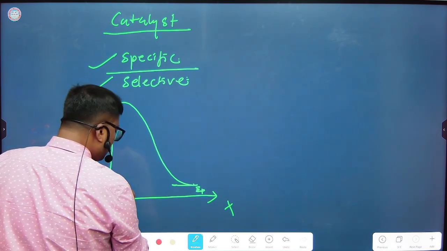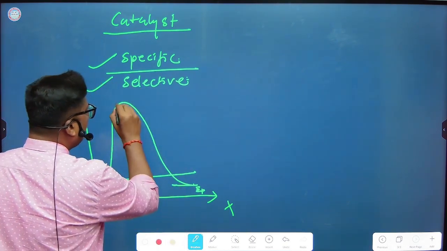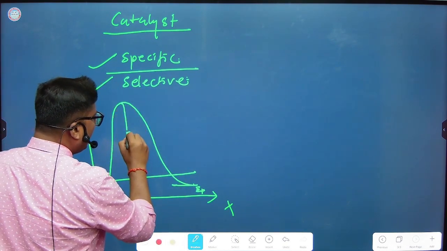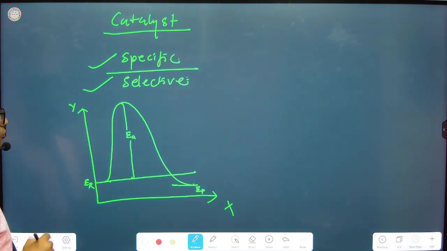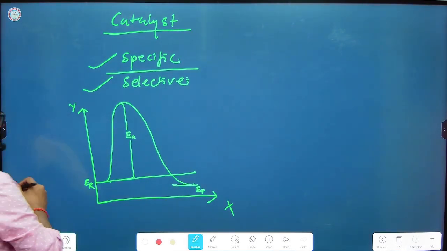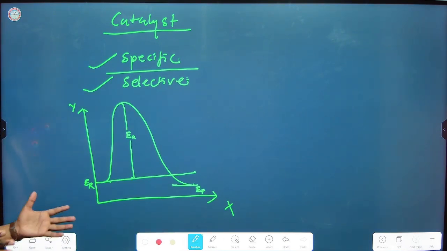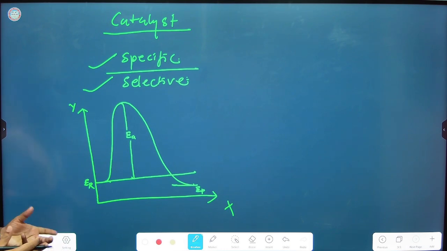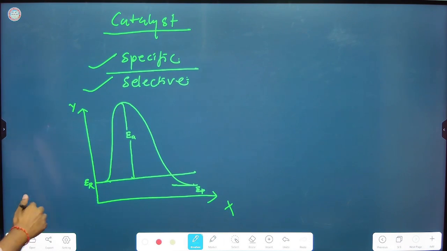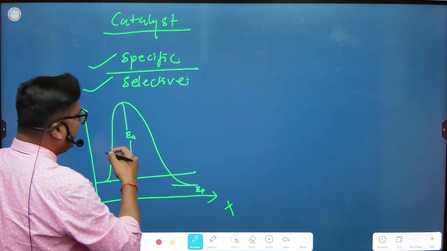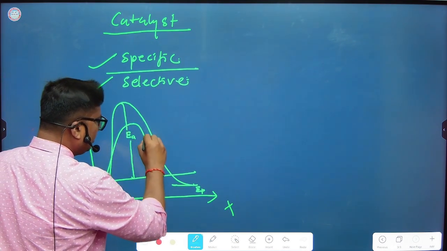Now, these are your flat lines and this is earlier defined as EA, the activation energy. But once the catalyst is added, the reaction adopts an alternative pathway so that the products can be produced easily. So what type of alternative pathway actually? You can simply say it looks like that.